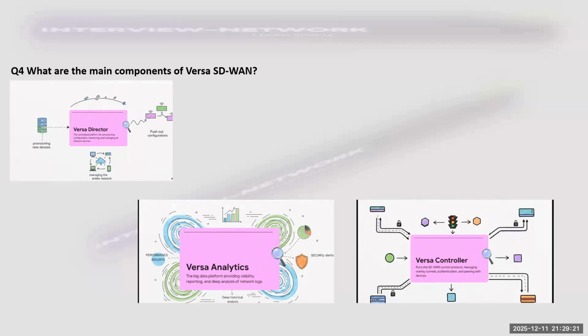And then we have Versa Analytics that performs the function of analyzing your entire network and generating the report as per the performance of each network component that we have. It contains the deep historical analysis, and on the basis of that, it provides you the report so that you can check what is lacking on which component.